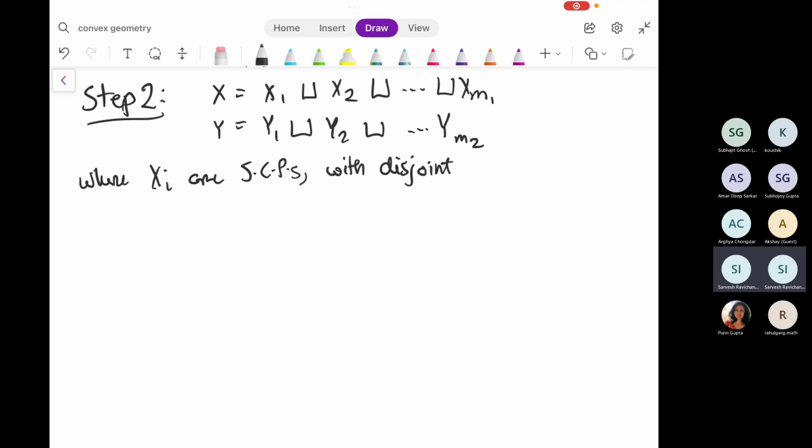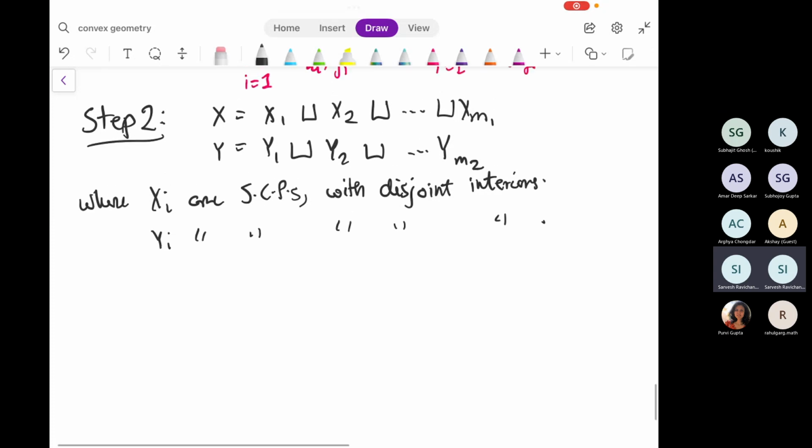We don't say that they should be completely far away from each other. They could share a side, but they need to have disjoint interiors. And similarly, the Yi's are also SCPs with disjoint interiors.